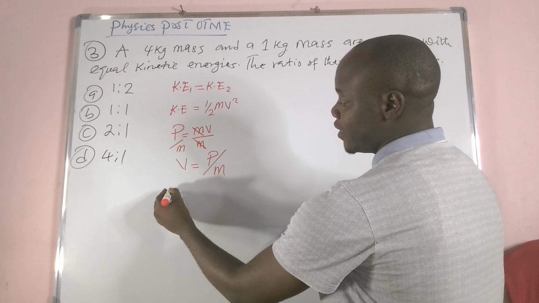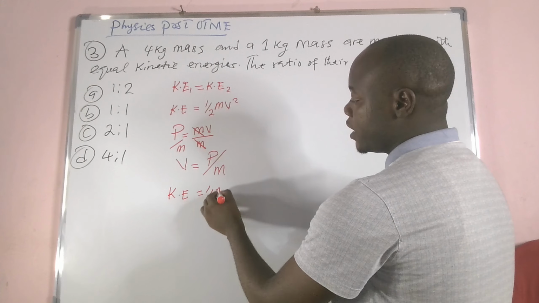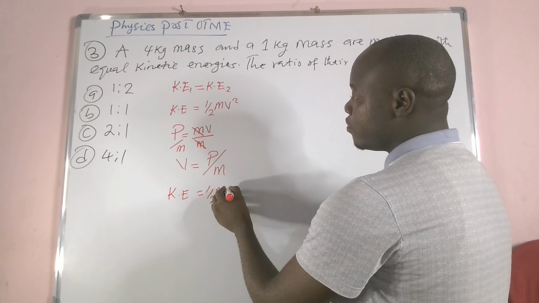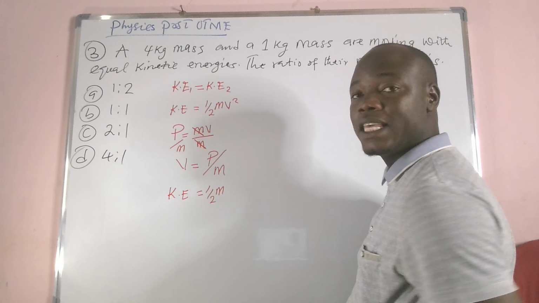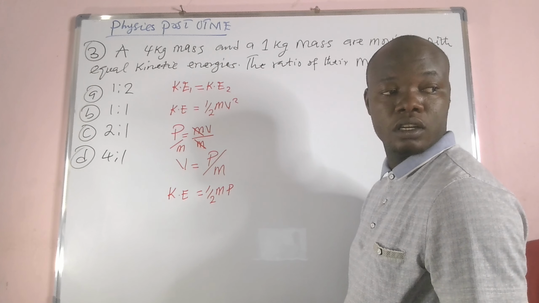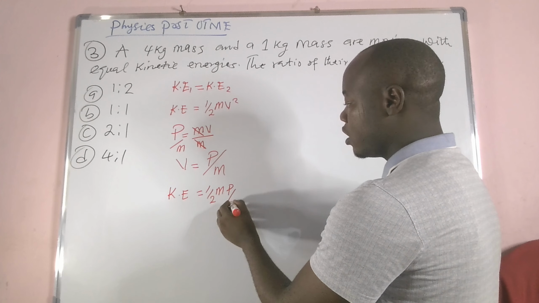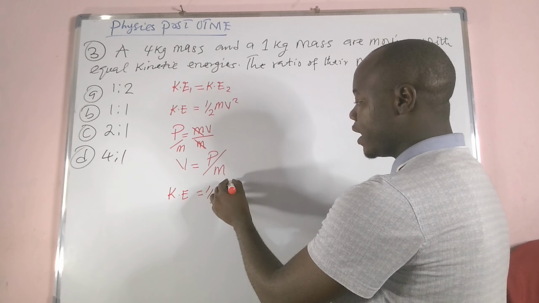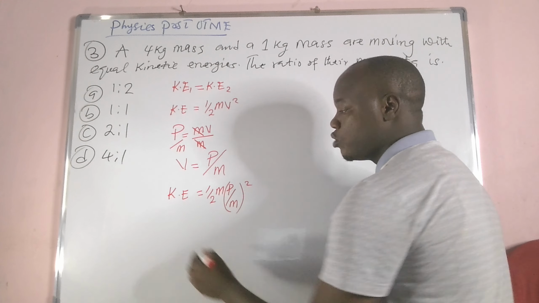So the kinetic energy, as we said, is equal to half mv squared. Where we have v squared, we are going to substitute it with P over m. So we now have P all over m, then we square everything here. If you square this, what are we going to have?